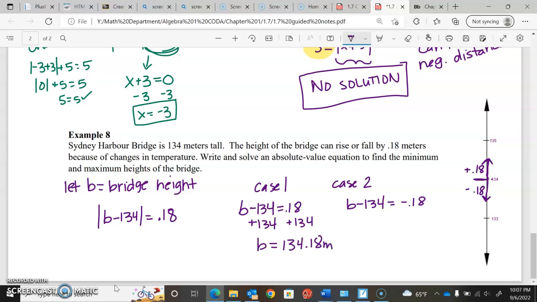So that's rising 0.18 meters. And then in case 2, if we add 134, we get 133.82 meters. So that's the minimum height. 134.18 is the maximum height. Okay, so this one would show it rising 0.18 meters. This one would be if it falls 0.18 meters.